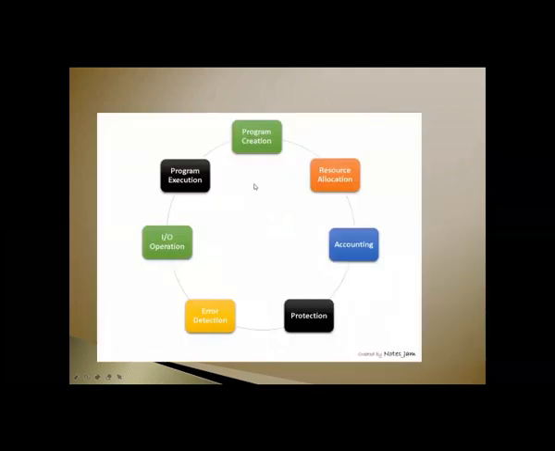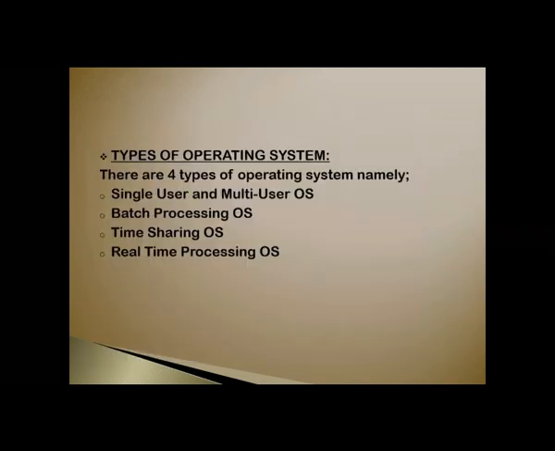These are 8 functions given different names in different aspects, but actually the working is the same: it controls the overall computer system, the hardware system, the file management system, input output devices. And I told you about resource allocation, resources are the things we use to use the computer. All these things are controlled by the operating system.